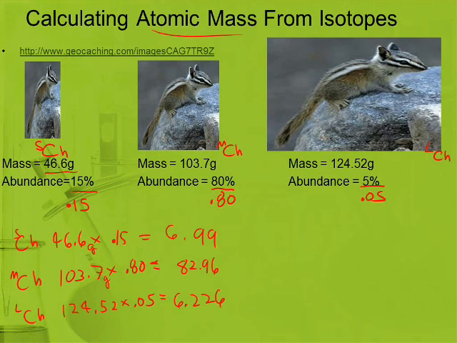When we multiplied that out, for the first one we got 6.99, for the second one we got 82.96, and for the third one we got 62.26. Then we add them up and we get 96.176 grams. So if I were to look this data up, and again I'm just making up the relative abundance, I could say chipmunks have a weight of 96.176 grams.